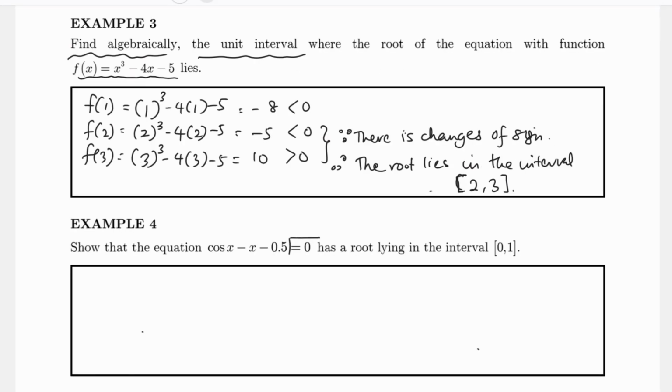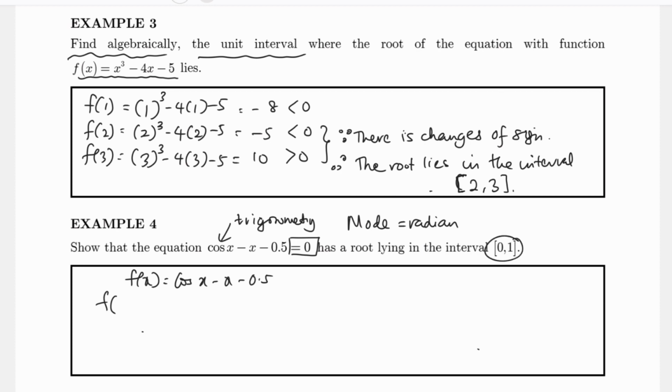Example 4. Take out the function, making sure the right side is 0. So f(x) equal to cos x minus 0.5. This is a trigonometry function, so change the mode to radian. Substitute into f.